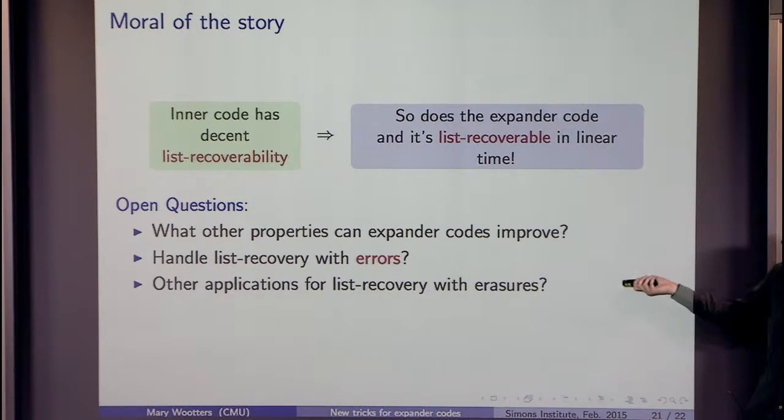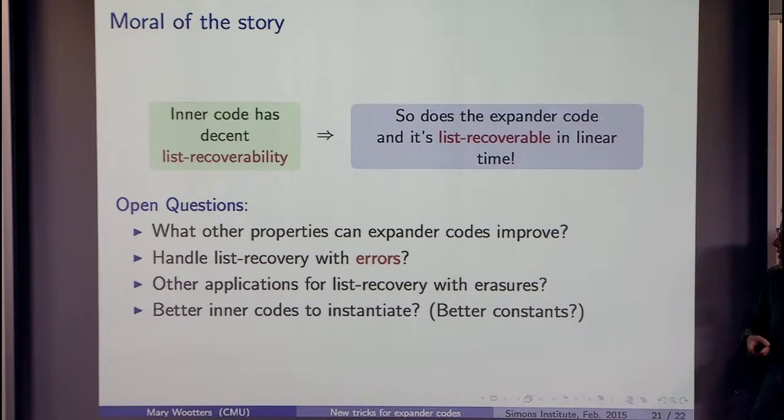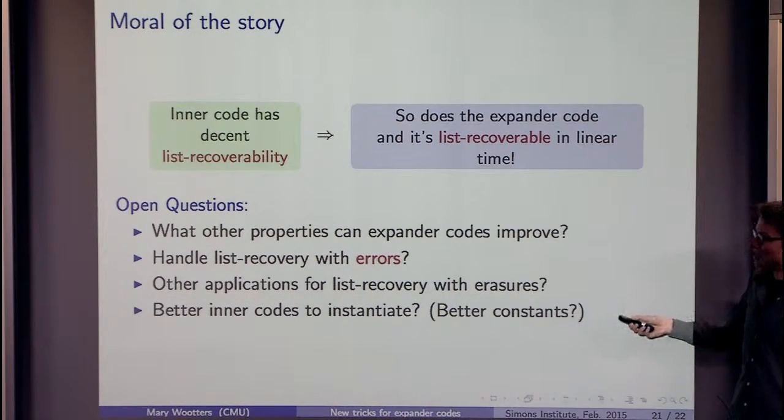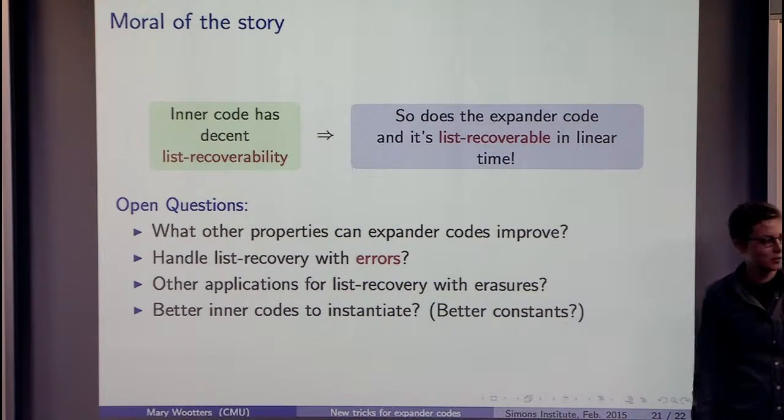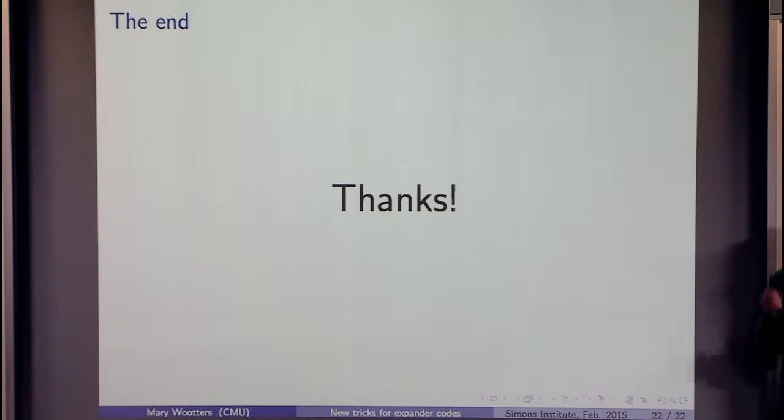Other applications for list recovery with erasures. And also better instantiations of these. So everything that I said was sort of living in asymptopia, and I didn't say what the constants were to this audience because I would be embarrassed. They're quite bad. So actually making these implementable, I think, is a very interesting question. So that's all I have to say. Thanks.